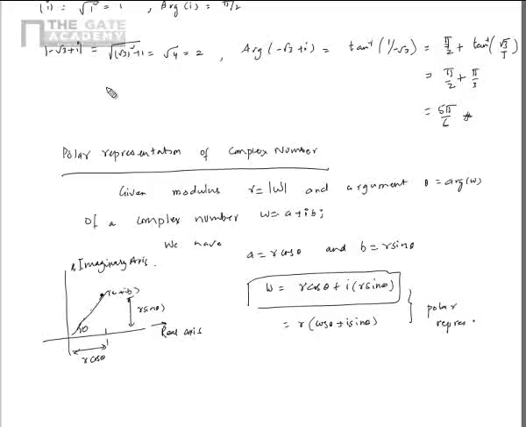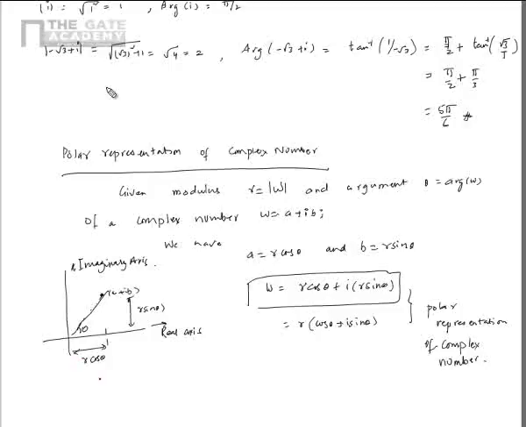Basically writing in terms of r and theta, in terms of modulus and argument. If you write a complex number in terms of modulus and argument, that becomes the polar representation of that complex number.